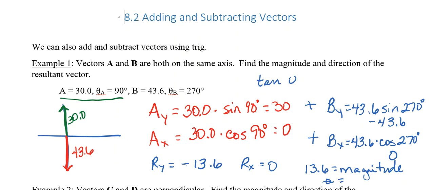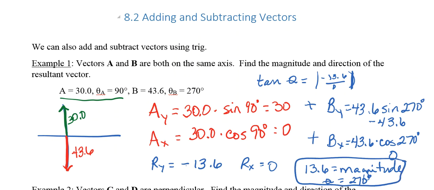I was going to skip that step, but let's remember it was the absolute value of y, negative 13.6 over 0. Now remember, that's the ratio. That's telling us undefined, and if I tried to plug that in the calculator it wouldn't work. So its tangent is undefined at 270. There is a little bit we just have to know. So there's our magnitude and our direction.